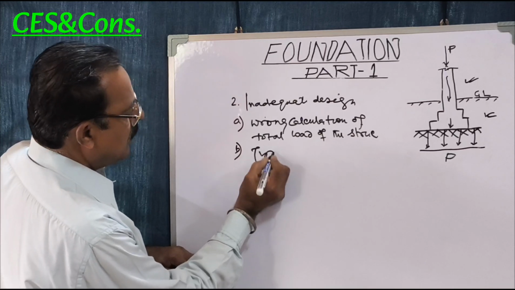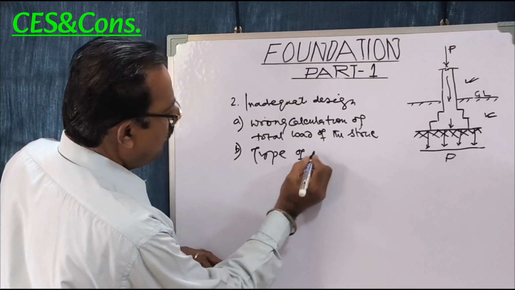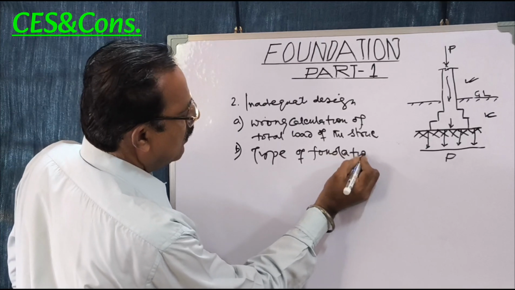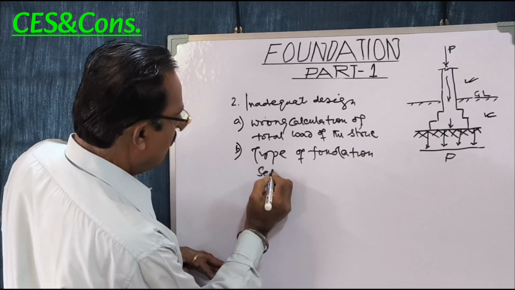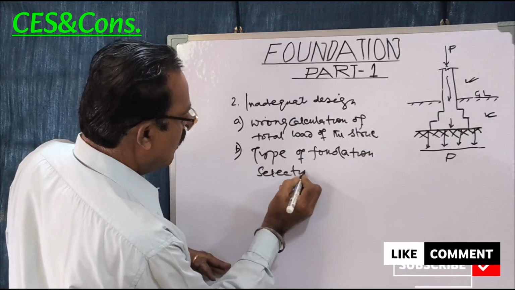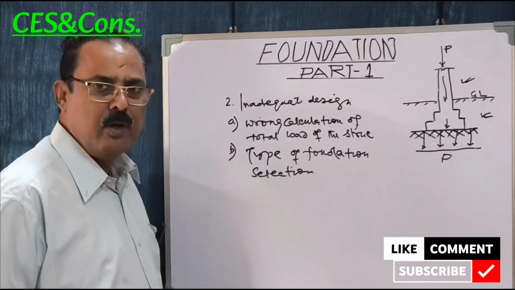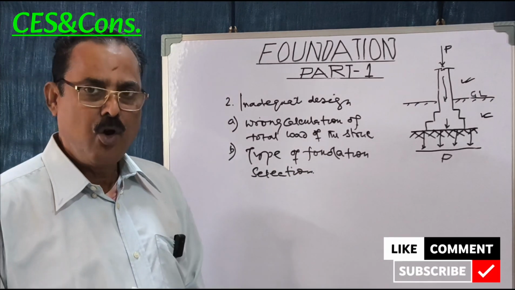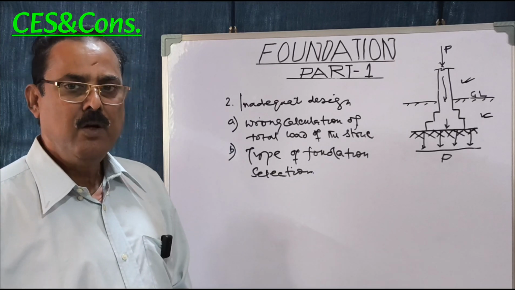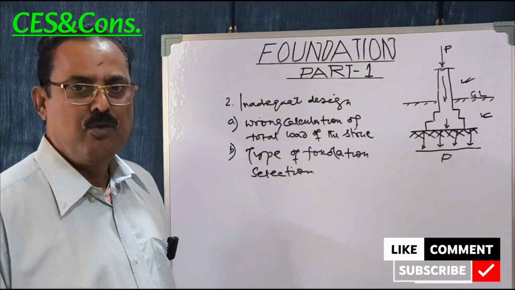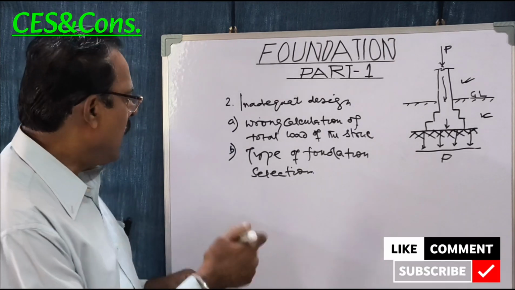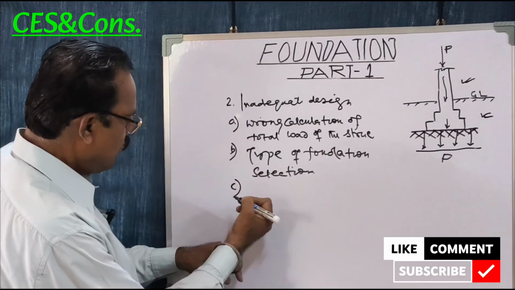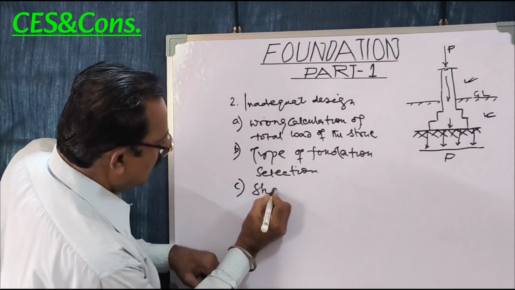Type of foundation selection. It means the selection of the type of foundation was wrong. Another type of foundation may have been suitable there. And another point is shallow foundation.